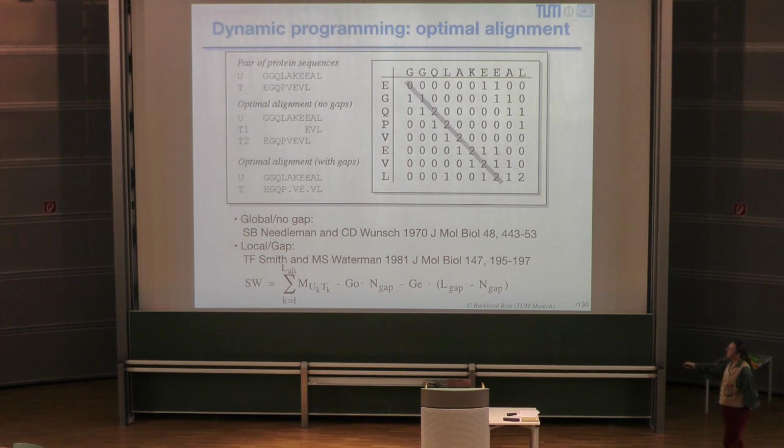Now again, the optimal alignment from Needleman-Wunsch needs to be global. I've put that under the carpet. I showed you a couple of local alignments already. The local version of the same dynamic programming comes from Temple Smith and Michael Waterman. So these are local alignments, and this is, for instance, an example of a local alignment.